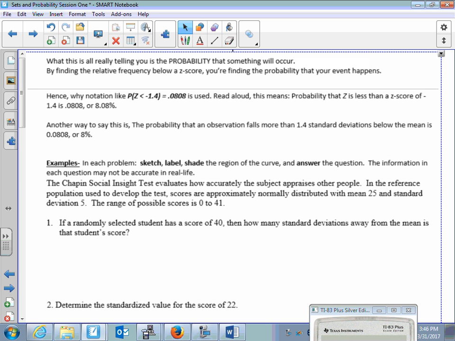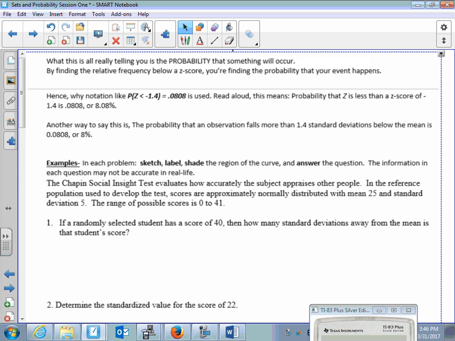So if we were to say z is less than negative 1.4 and get the area as 0.0808, that would actually be the probability that your z-score is less than negative 1.4. So when they ask you for p of z is less than negative 1.4, you look in the standard normal curve, find the area to the left of a z-score of negative 1.4, and that area is the probability.